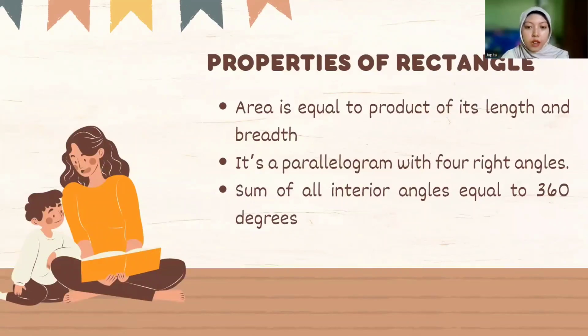And then the area is equal to the product of its length and breadth. It's a parallelogram with four right angles. And the last, the sum of all interior angles is equal to 360 degrees.